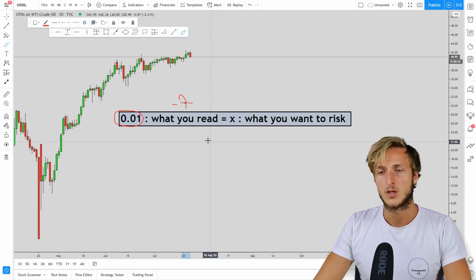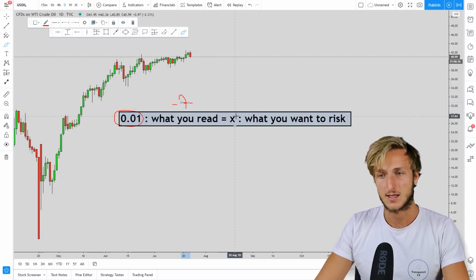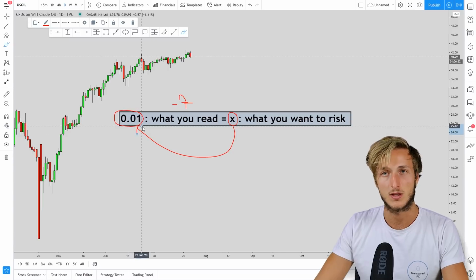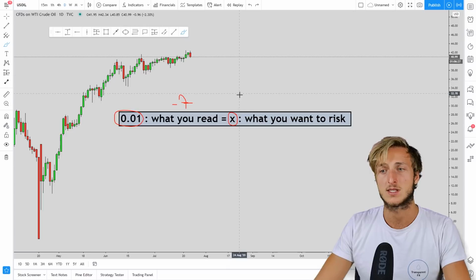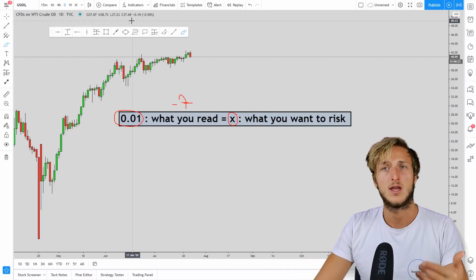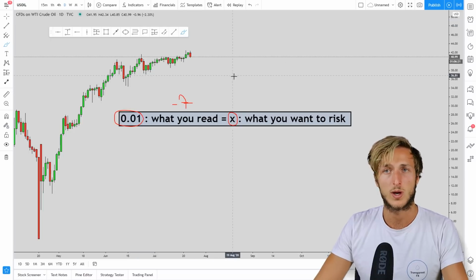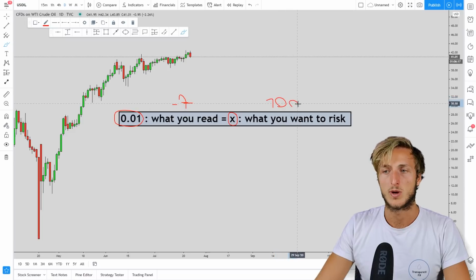Then you simply do this: 0.01 is proportional to 7 as X, the real lot size that you want to calculate in the first place, is proportional to what you actually want to risk. So let's say you want to risk 100 euros or $100, doesn't matter. This will be 100, okay?